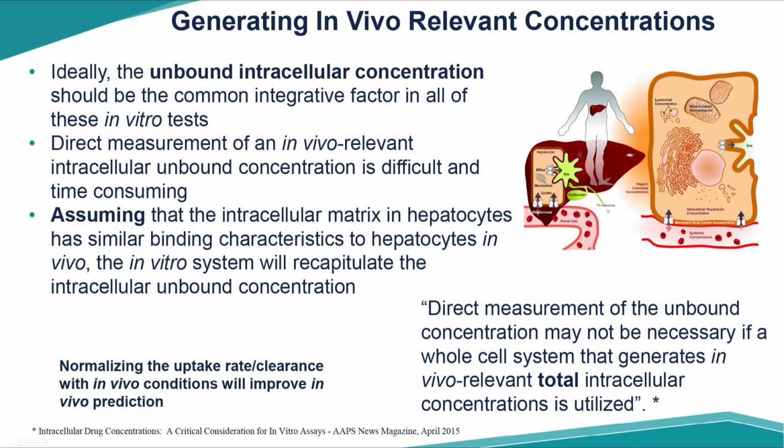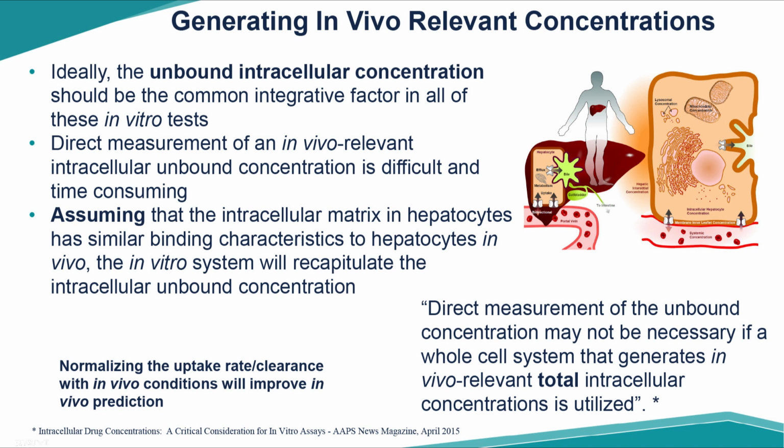And one of the things that you can think about if you use a whole cell system is that the intracellular matrix has a similar binding capacity and characteristics in vitro as in vivo for that. So the things inside the hepatocyte and the binding in there is similar between in vitro and in vivo.